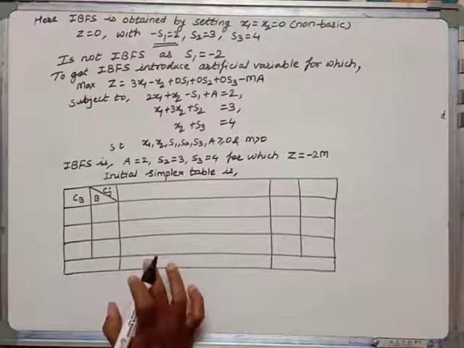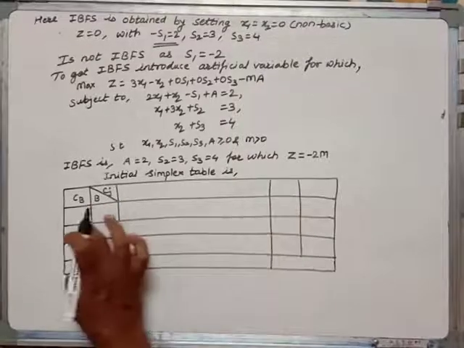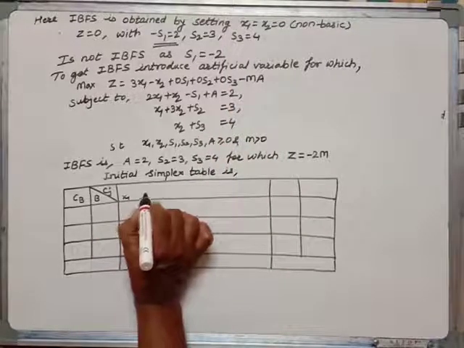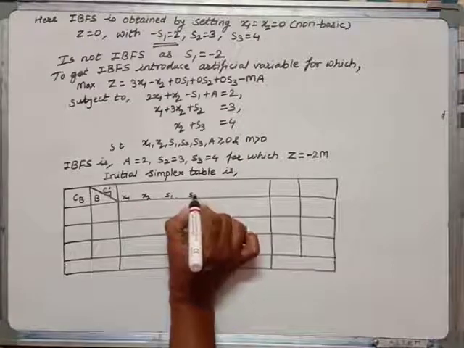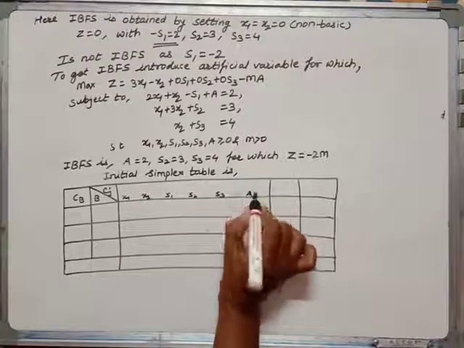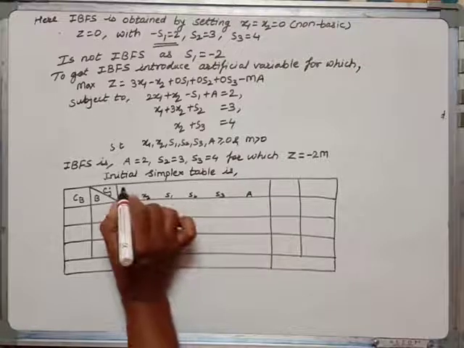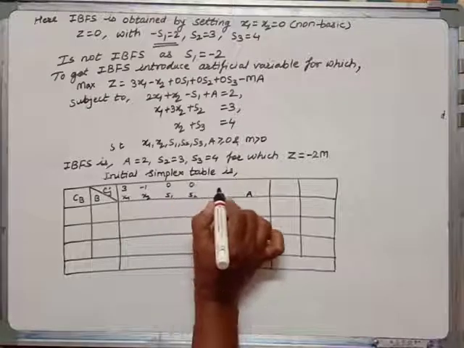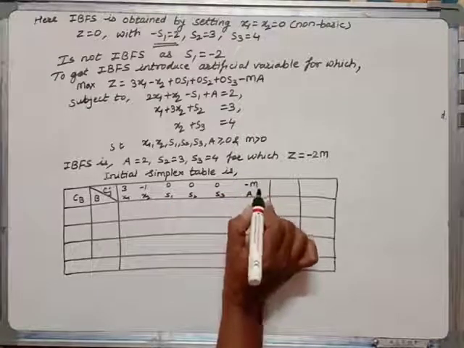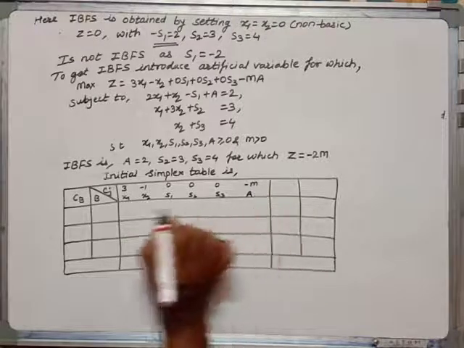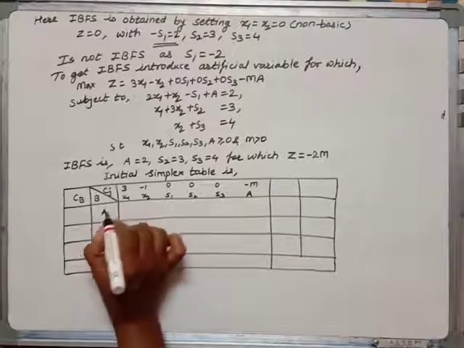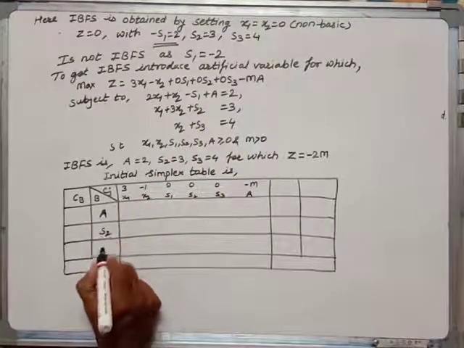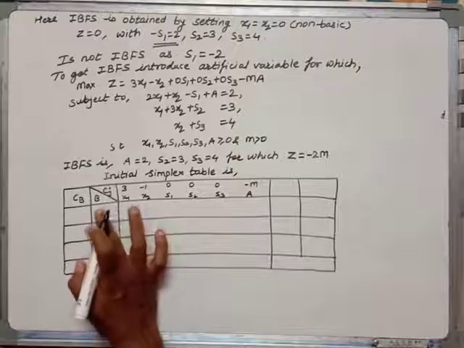I will take the first and last row as it is. I just took 3 rows here because we have 3 constraints. Now x1, x2, s1, s2, s3 and a. So x1 having coefficient 3, minus 1, 0, 0, 0 and minus m. Now here a is a basic variable from the first constraint, s2 from the second constraint and s3 from the third constraint.